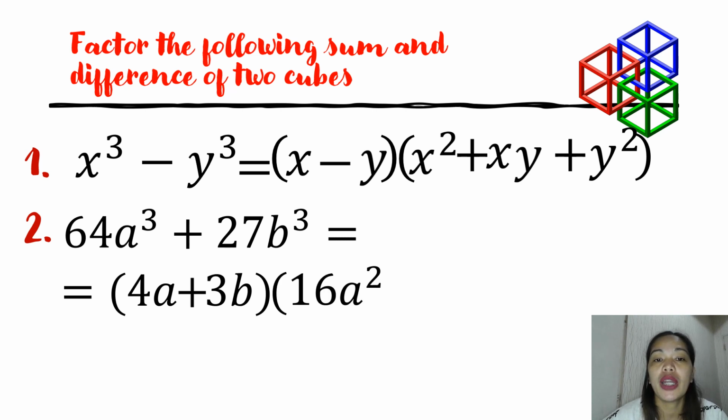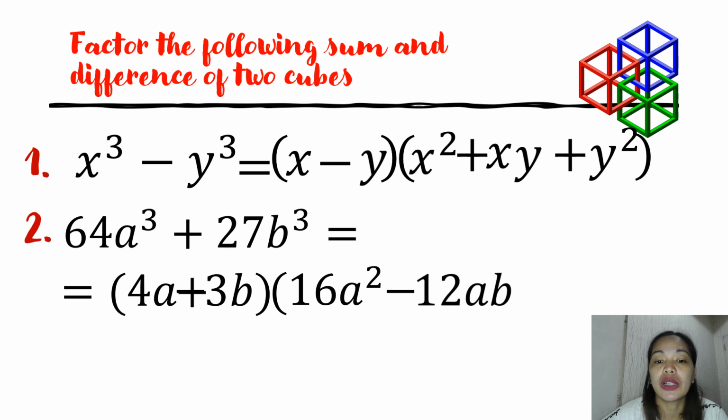4a times 4a is equal to 16a squared. Then, the opposite operation of the first factor. Ang first factor natin ay plus. So, we will have the opposite, which is minus. Okay, let's write minus. Then, get the product of 4a and 3b. 4a times 3b is equal to 12ab.